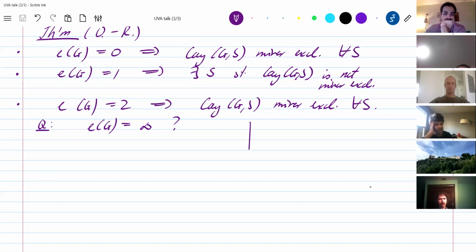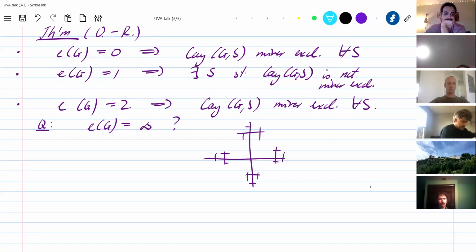If you have your Cayley graph of a free group, it's a tree. And you can remove just a vertex to disconnect it into 4 parts. Then you can remove these parts to get even more parts, and you can carry on going this way to get as many ends as you like.